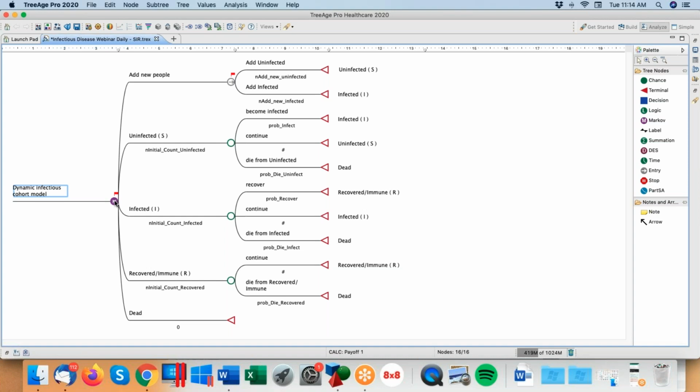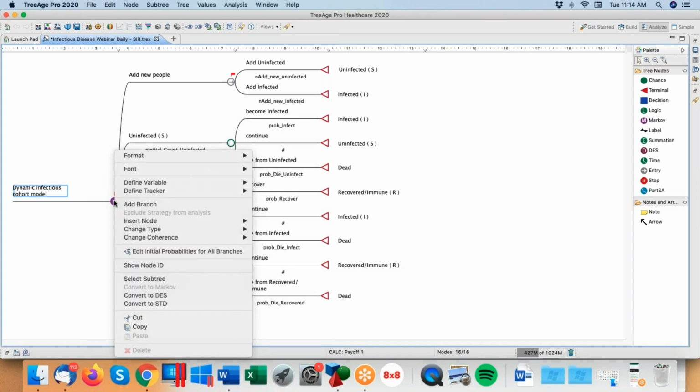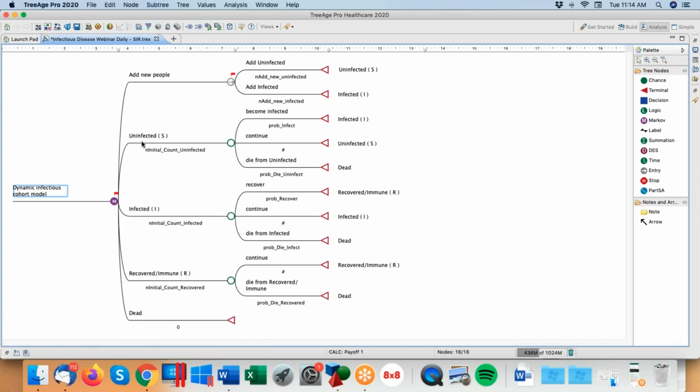The way I did that was right clicking on this, and you could do this on a chance node too, and change the coherence. You notice I have it set to allow this to not be 100%. Typically, it would just use whatever's true for the whole tree, which is they all have to be coherent 100%. But by specifically selecting this option, now I can actually have counts related to the people in these 3 states.